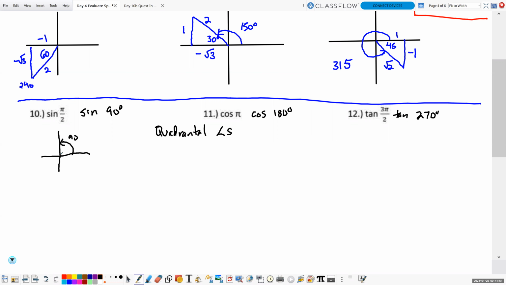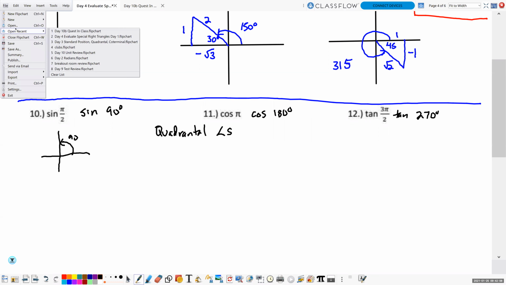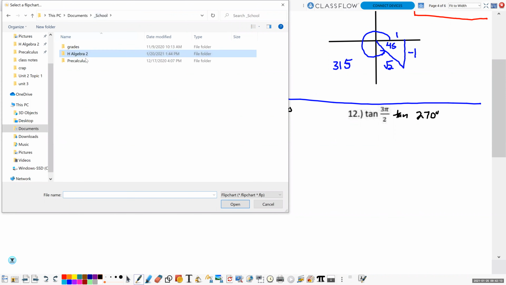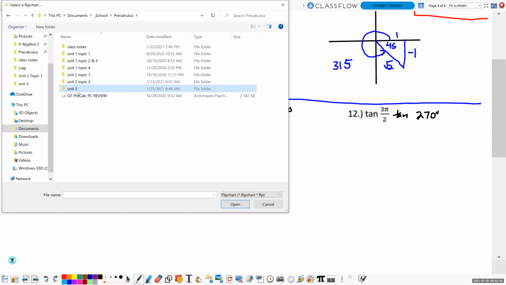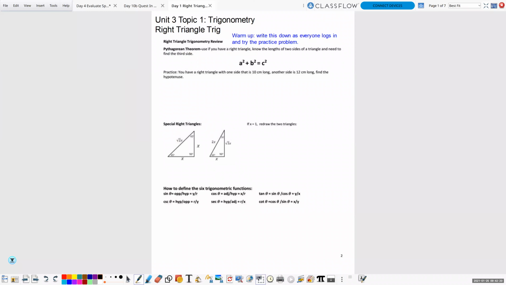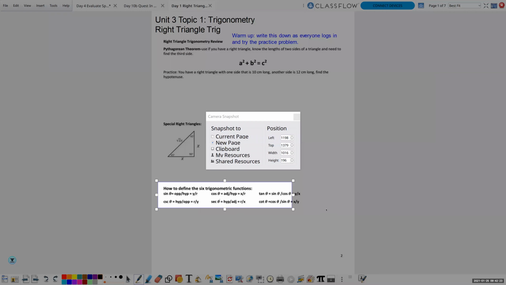If you already got your packet, who's got the packet? Just hit yes, I have the packet in front of me. Okay, look at the very front cover of the packet. I'm going to pull up the old flip chart. In Algebra 2, there we go. Look right there on the very front cover.